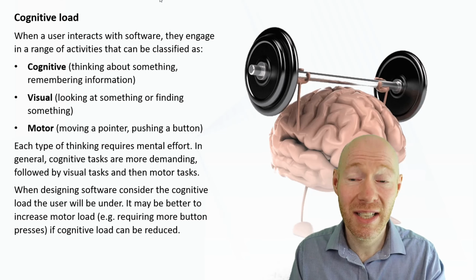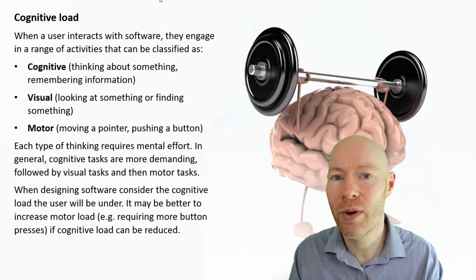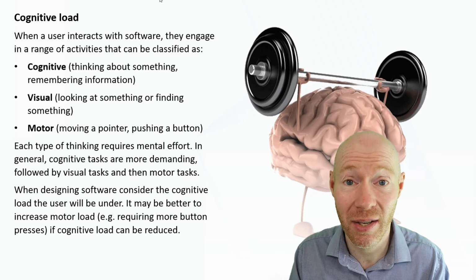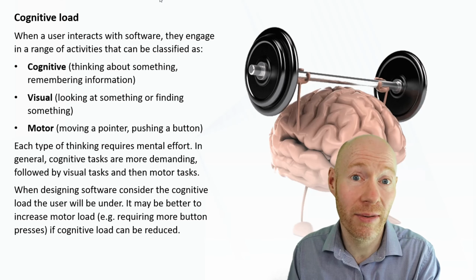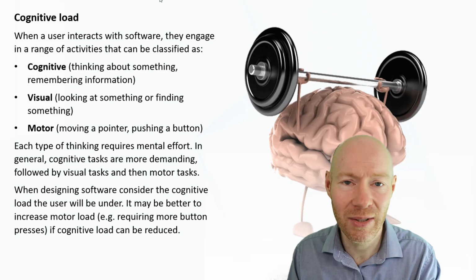Each different type of action comes along with, you can view it as, a certain amount of mental effort associated with it. Some things can be done quite easily, almost effortlessly. Other things the user may really struggle with and find quite challenging, a real obvious cognitive demand on them.